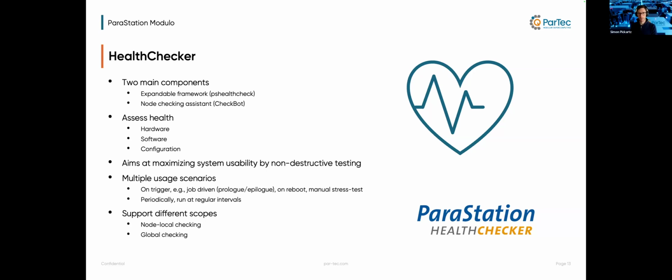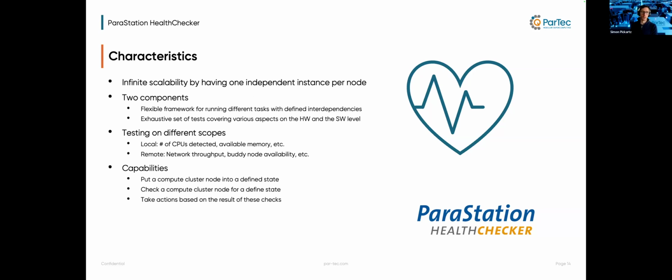And at the end of the job, the health checker will be executed again to run some additional checks, but also cleanup actions, which could not be fulfilled by the runtime or the execution environment. This approach allows us to basically have an infinite scalability, since those checks are usually node local checks, meaning that we can execute them concurrently on all nodes which are assigned to a certain job. And this, of course, increases the efficiency of the solution.